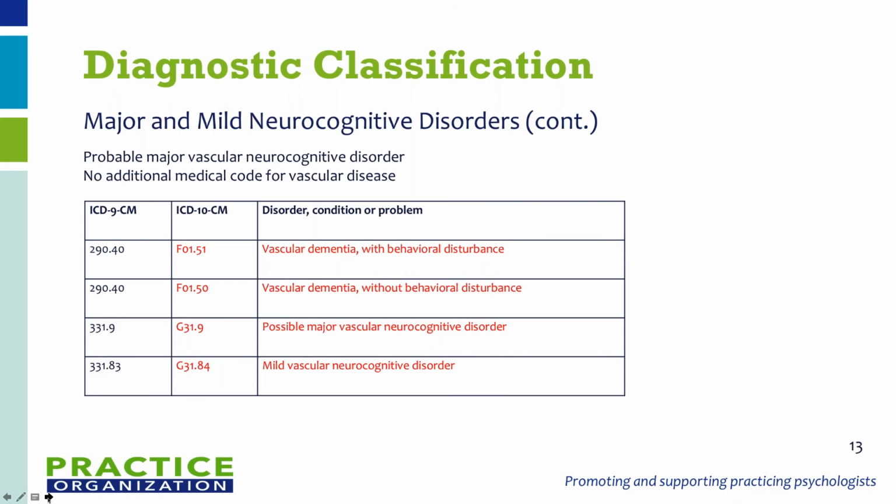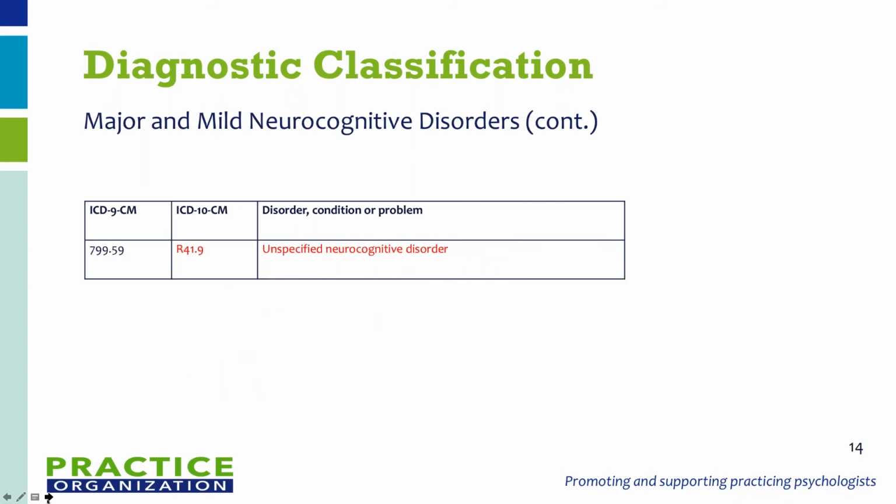And of course, here's the unspecified neurocognitive disorder, R41.9. Here's my own interpretation. I'm not sure there's anything to support it, but having worked with insurance carriers for a number of years, the system is moving towards a very granular system. Unspecified disorders are not often viewed favorably by carriers for reimbursement purposes.